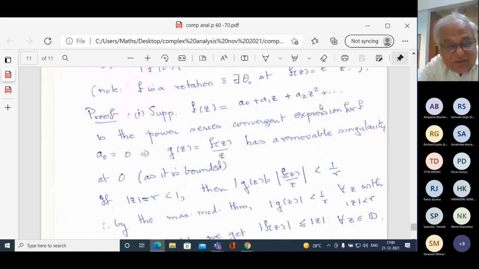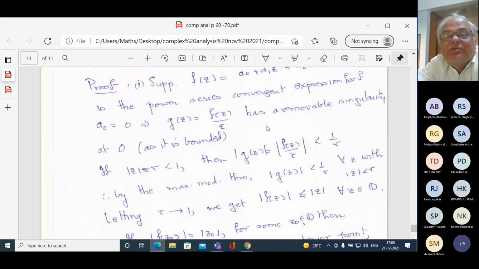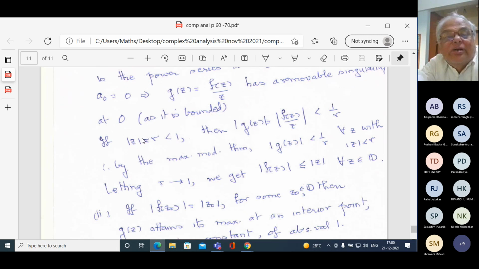This is a power series that will converge, and therefore g(z), which is f(z) divided by z, okay, has a removable singularity, and therefore you can remove that singularity and you get some analytic function. g(z) is an analytic function.